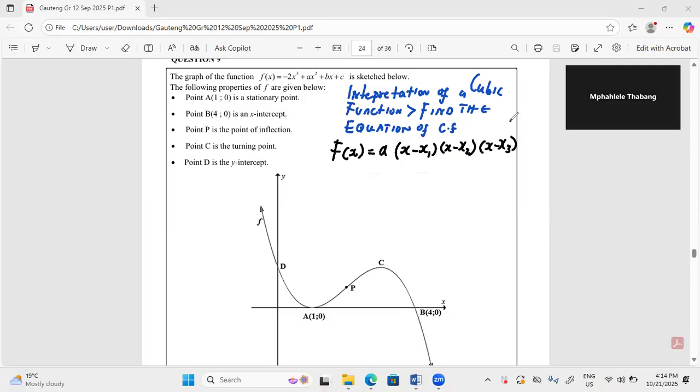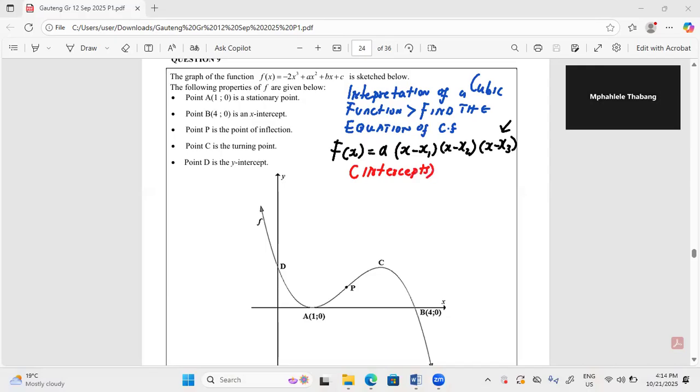This formula is very important when you are looking for the equation of a cubic function if you know the intercepts. So I'm going to say in a bracket, in order for you to use this formula above, you must know the intercepts of the cubic function f of x.